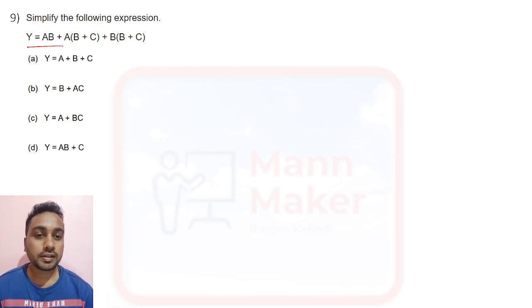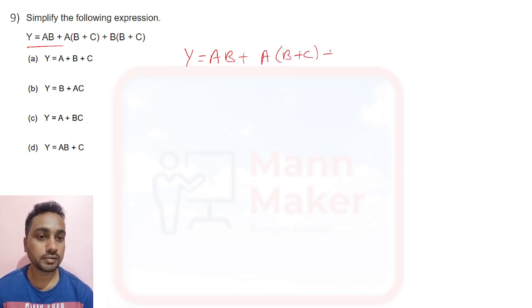Now we have to simplify these things. This question is from digital, on Boolean algebra. So this is B plus C. Now we can write AB plus AC, and here BB plus BC.